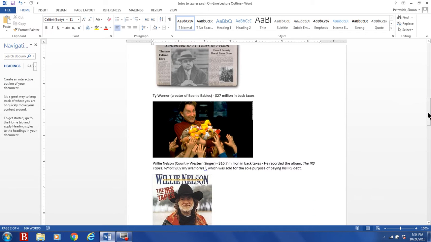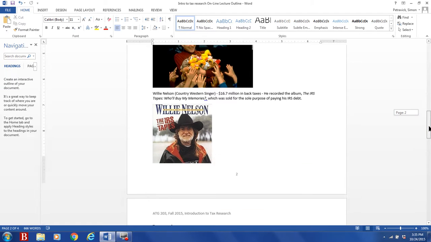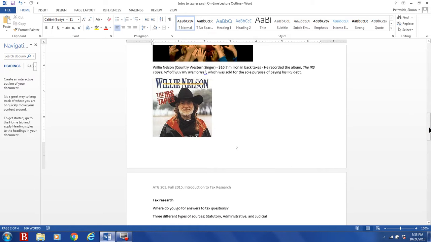The second picture you see is Ty Warner. He made a ton of money selling a product called Beanie Babies. He evaded tax liability and had to pay $27 million in back taxes. Willie Nelson is a country western singer who goes back a few years.